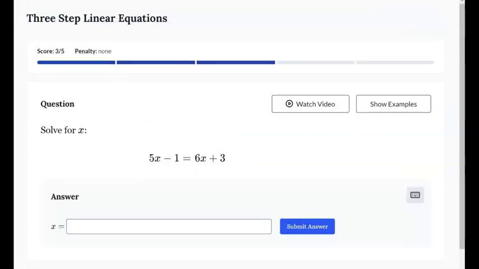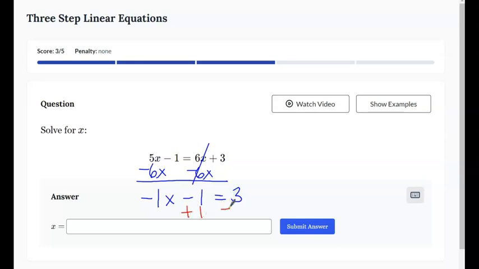All right, you have a choice when there's variables on both sides. You can either subtract 5x from both sides, and that would mean that there would be no letter on the left, or you could subtract 6x from both sides, and that would mean that there would be no letter on the right. It doesn't matter which one you choose. Both are correct.